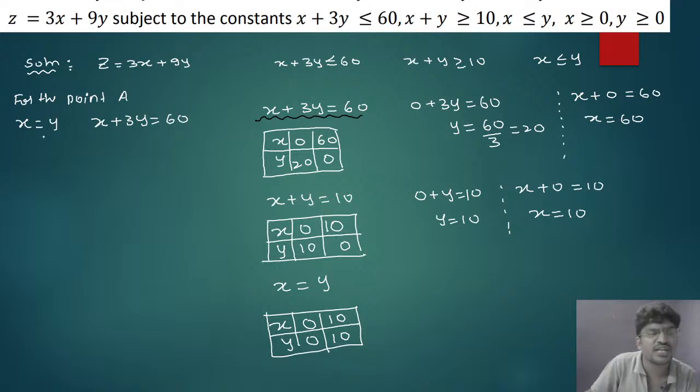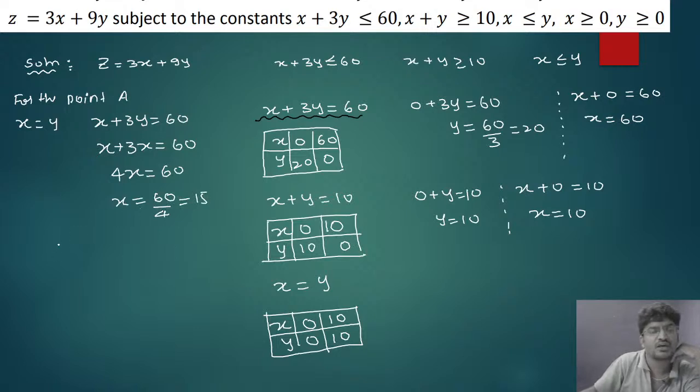Now here we know that x is equal to y. In the place of y, I will replace it as x. So x plus 3x equal to 60, 4x equal to 60, and x will be equal to 60 by 4, that is 15.